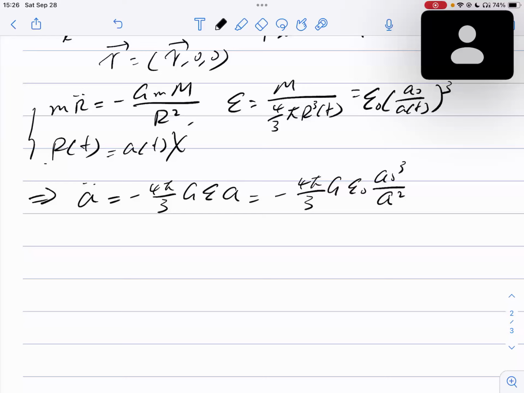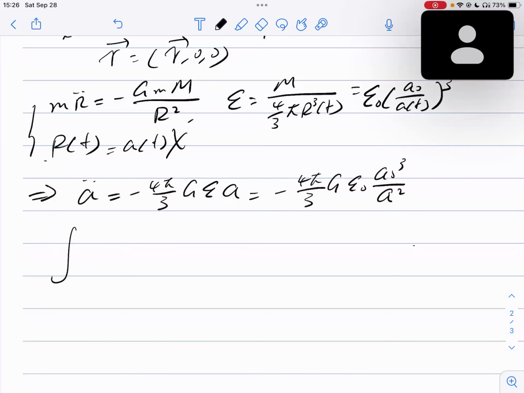Now multiply the first-order derivative of a on both sides of this equation and integrate. I will write it down explicitly. This a double dot can be written as d a dot over dt. We multiply a dot on both sides and integrate with respect to t.